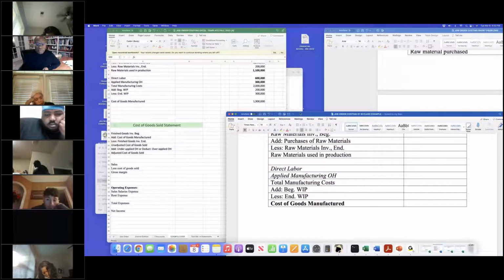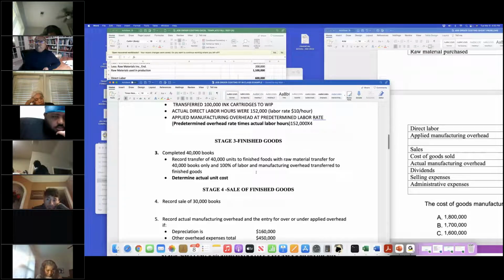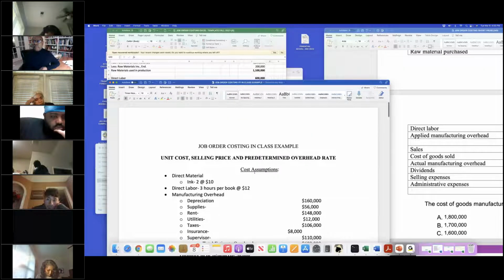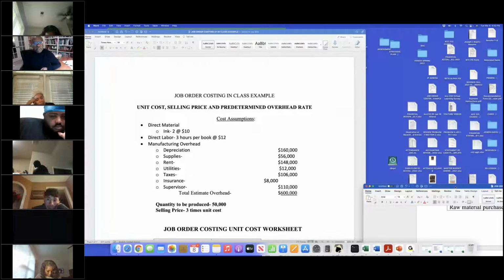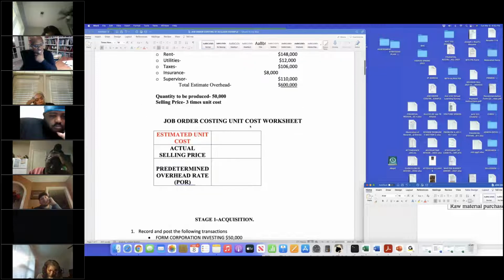Okay. For next time, as you begin to work on your midterm, this is what you got to do. You got to go through and get your unit cost, actual selling price, and POR.